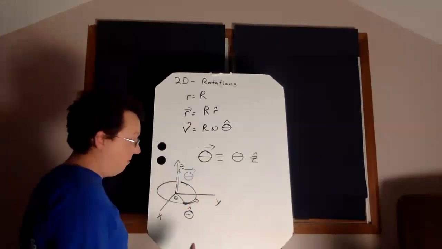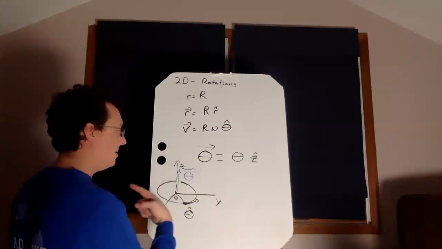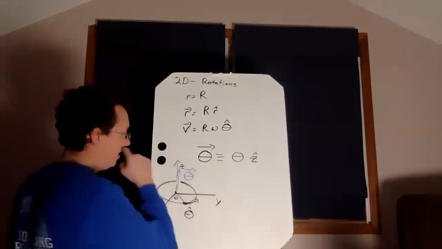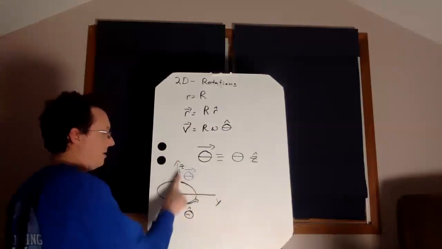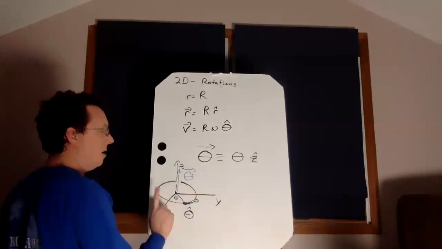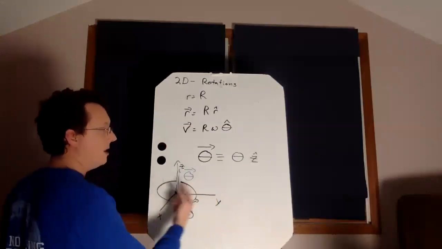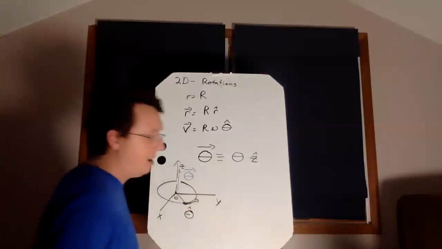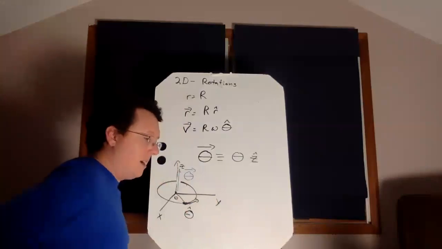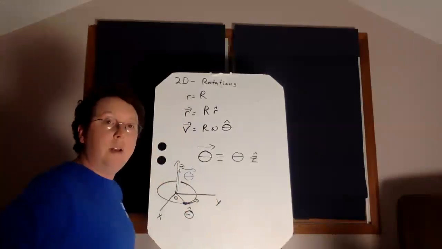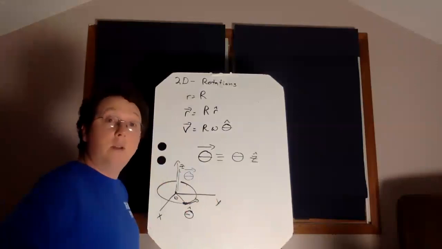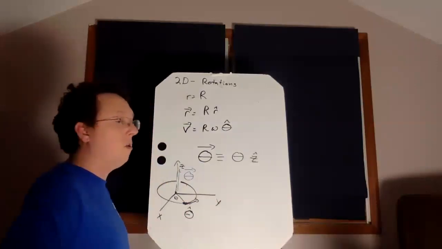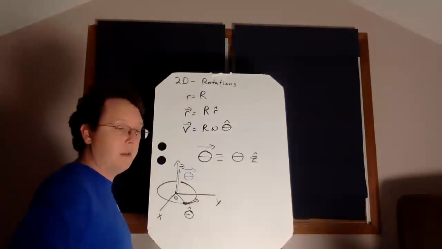Okay. So when people talk about stuff that rotates, they usually try to write things in terms of a vector which lies perpendicular to the plane of rotation. Why would you do that? Well, we saw last time, or maybe two videos ago, that we had rotational kinematic equations, which looked a whole lot like the vector kinematic equations.